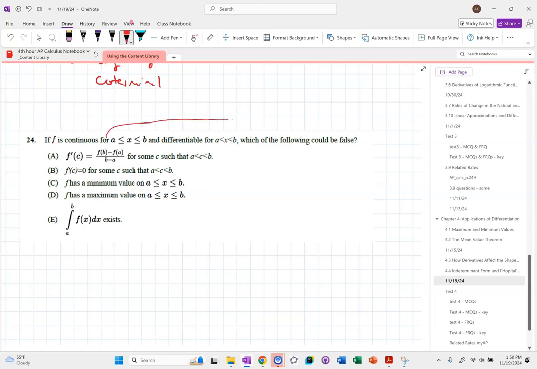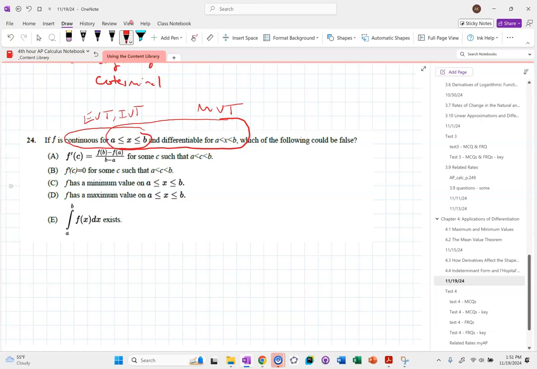So I recognize these as the conditions for the mean value theorem. This is the condition for the extreme value theorem and also the intermediate value theorem, right?